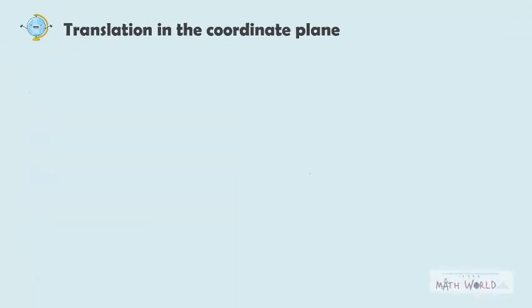Now, translation on the coordinate plane. In translation on the coordinate plane, we use the coordinates of the vector, and the coordinates here are A and B. We usually use these special brackets to represent the vector.